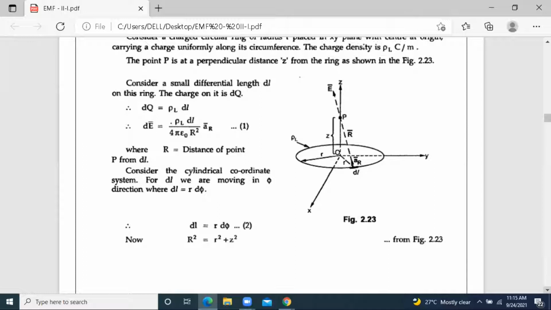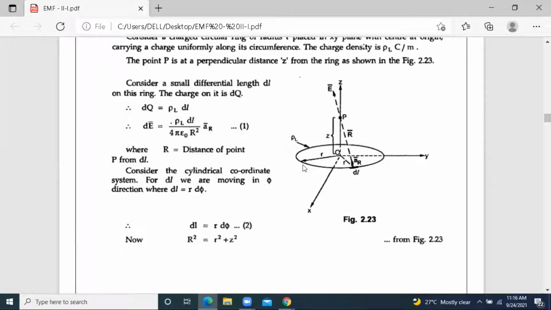So what's your R? R is your distance from your charge to the point where you want to find the electric field intensity. Right? So your dl is your radius, small r, d phi.